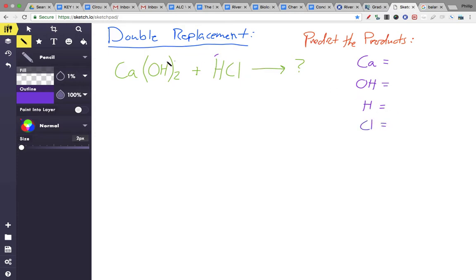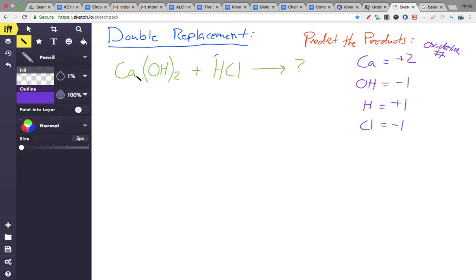Again, let's look up the oxidation states, and you'll probably eventually start to memorize these, but they can be looked up. Calcium oxidation state is +2. Hydroxide is -1. Hydrogens are +1 by themselves, and chlorines are -1. So those are the oxidation numbers for those different parts. Okay, so here's where the swap is going to happen.